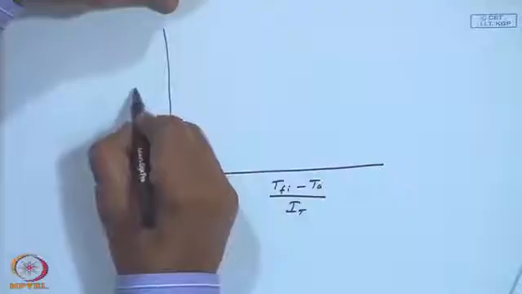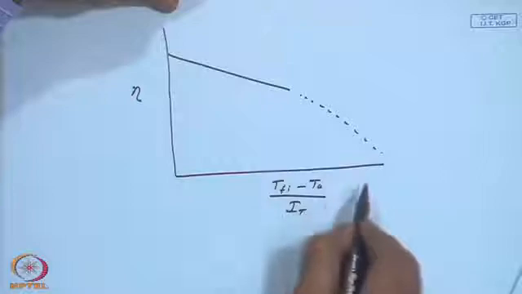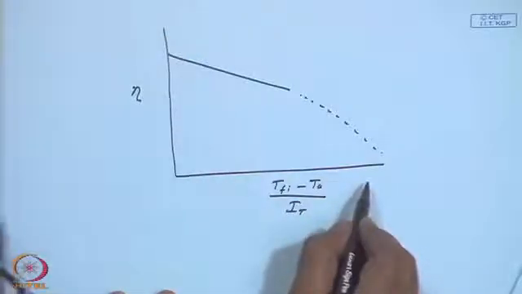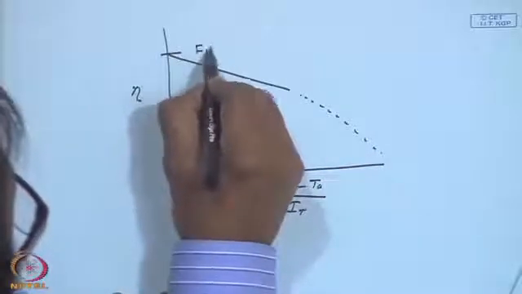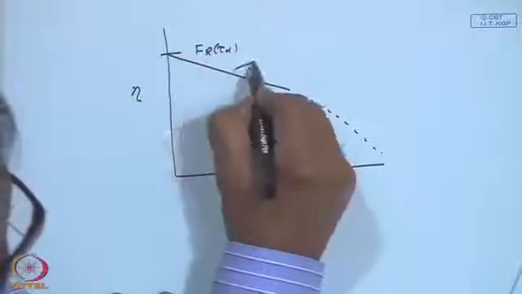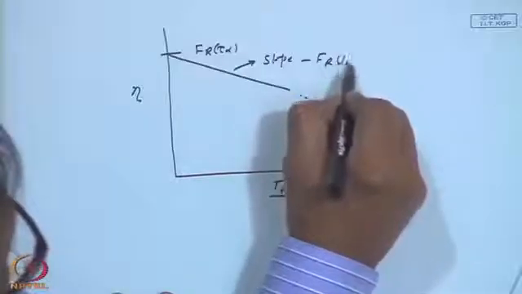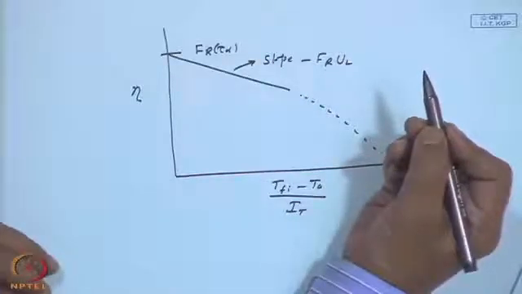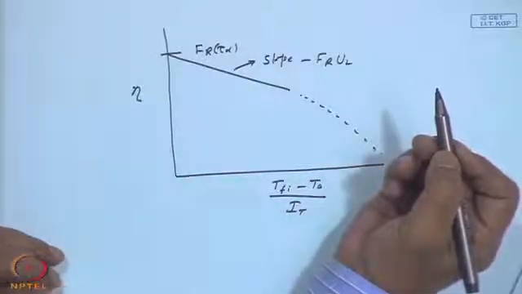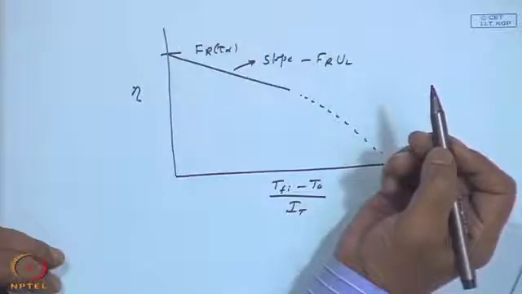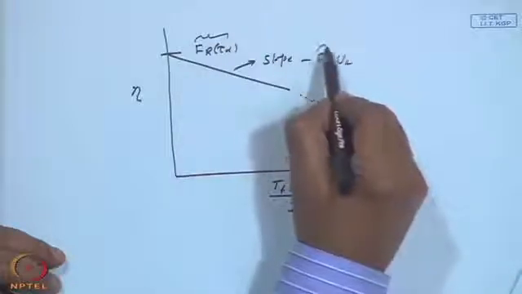Of course, this is beyond the operating condition, it may not be a linear variation anymore, and so this is typically F_R tau alpha, and the slope of this line will be minus F_R U_L. So, you conduct the efficiency test and you will have the collector parameters F_R tau alpha and the slope F_R U_L. Though there are 3, F_R, tau alpha and U_L, they occur only in pair of F_R tau alpha and F_R U_L throughout this course or in general in solar energy.